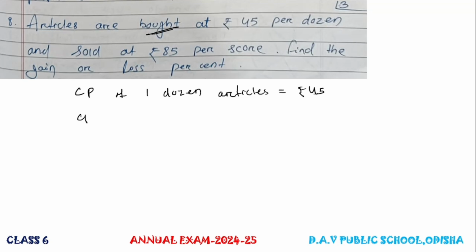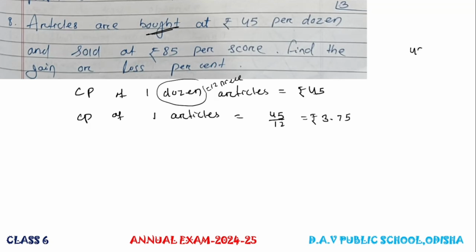So we can write CP of 1 article, that is 45 divided by 12, because 1 dozen equals 12 pieces. Okay, so equal to how much? Now 12 threes are 36, 12 sevens are 84. So the answer is 3 rupees 75 paisa.